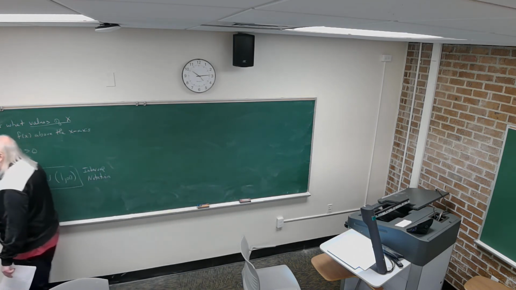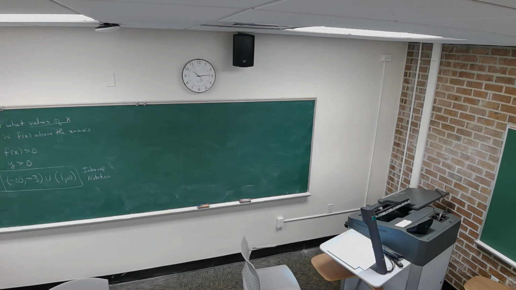All right, in part B, we're sort of doing the opposite, right? We want to know for what values of x, or for what x coordinates, are the y coordinates or function values less than or equal to 0. Okay.